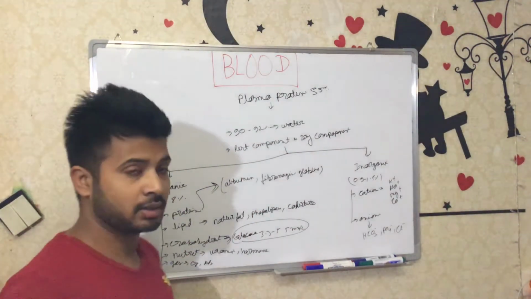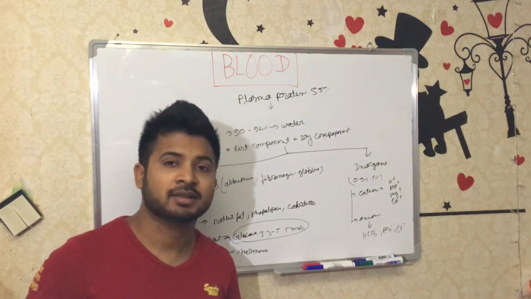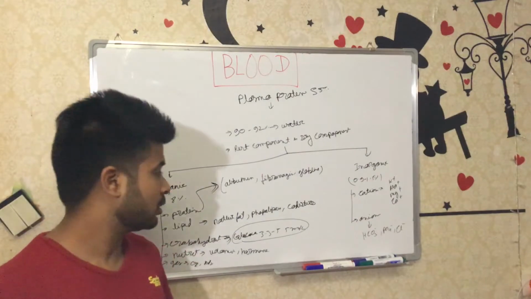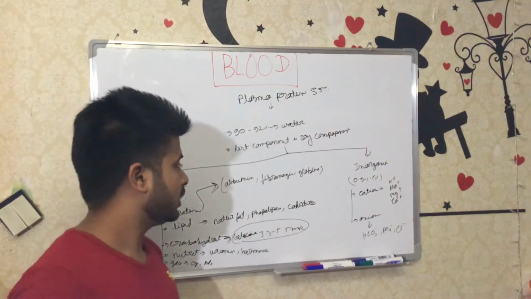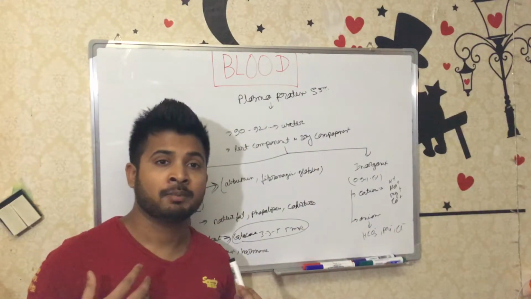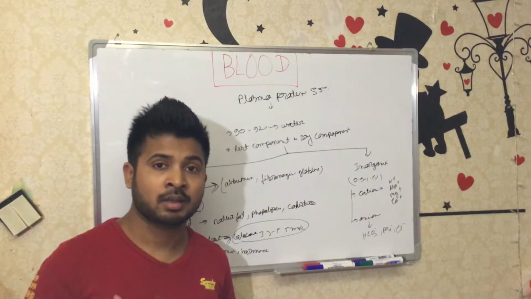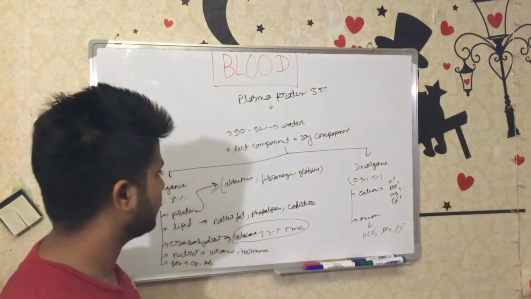Albumin maintains transportation as well as the pH system, and also maintains the oncotic pressure. Fibrinogen prevents bleeding, because it's a clotting factor produced from the liver.